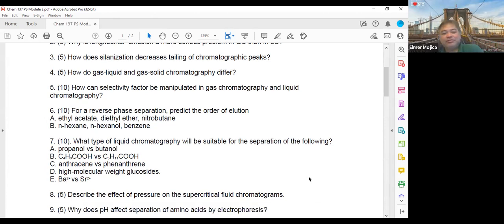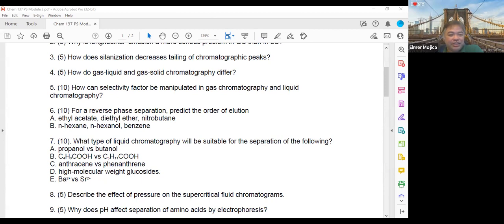So the next that we have is selectivity factor. So how can selectivity factor be manipulated in gas chromatography and liquid chromatography?